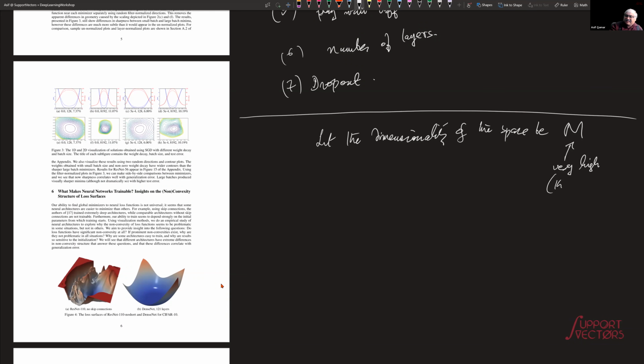Think hundreds, think millions. Even the very basic LeNet has 500,000 parameters and so forth. So it has a very high dimensionality.